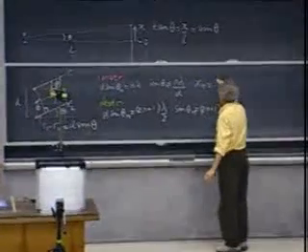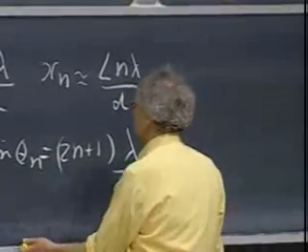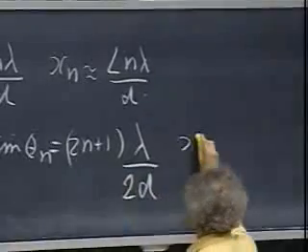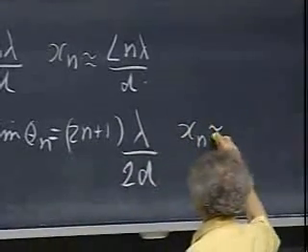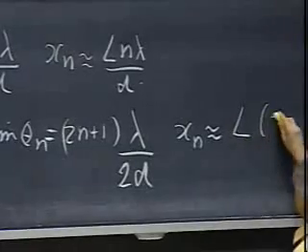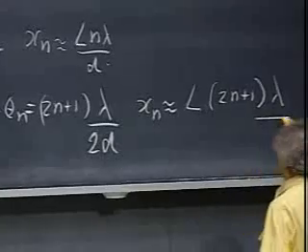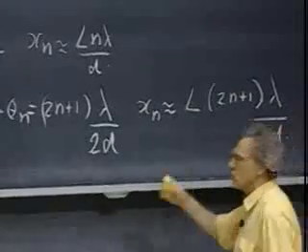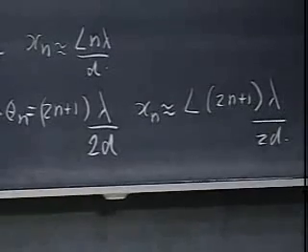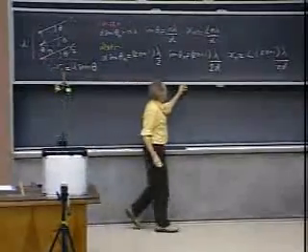So this is approximately L times n lambda divided by d, and for the same reason you will get destructive interference when x of n is going to be L times (2n plus 1) times lambda divided by 2d. That is simple geometry. So now we have all the ingredients here on the blackboard, and I'm going to leave it there for the rest of the lecture.